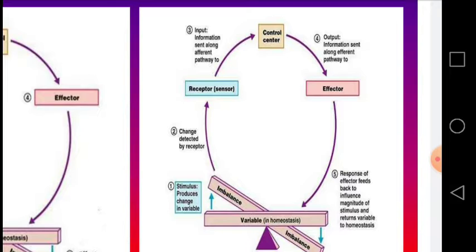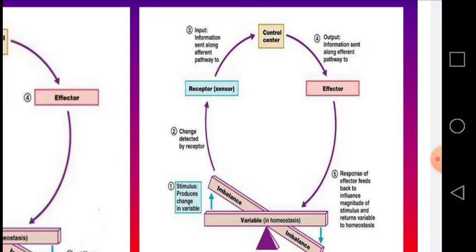Any imbalance is detected by specialized sensors or receptors which are present in our body, and these receptors send this information to a control center, which may be the brain or the spinal cord, and then the instructions are sent to the effectors.